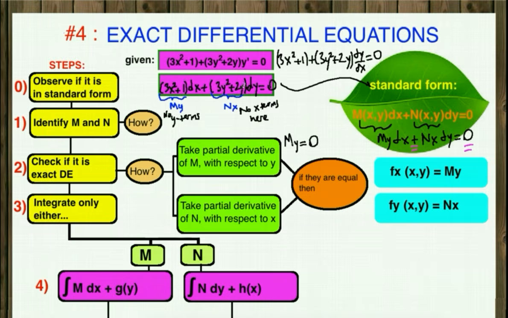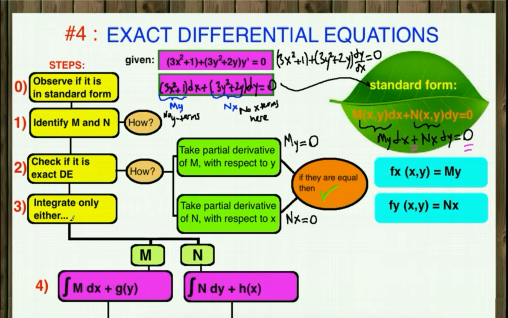So this is constant and this is constant. So Nx is equal to 0. Since My equals Nx, this checks, our function is an exact differential equation. So we can go back and continue to step 3.